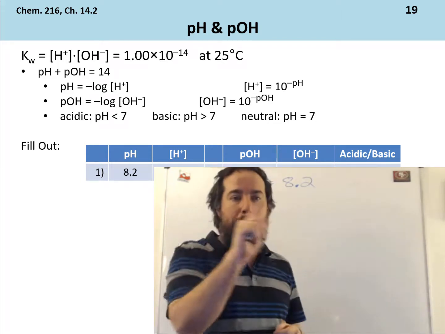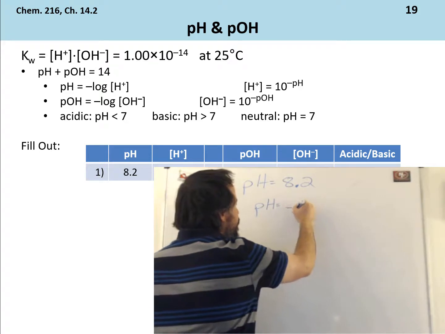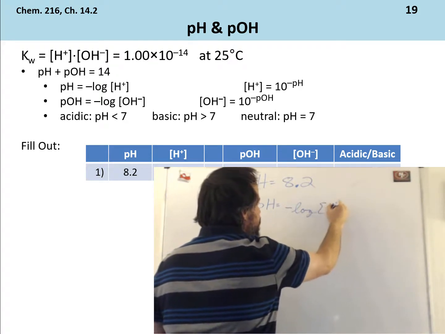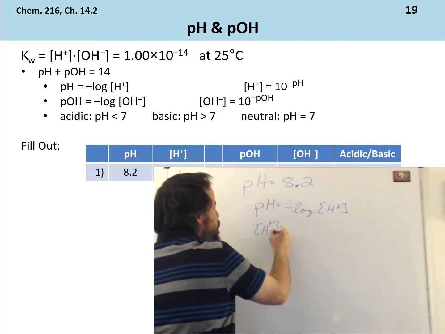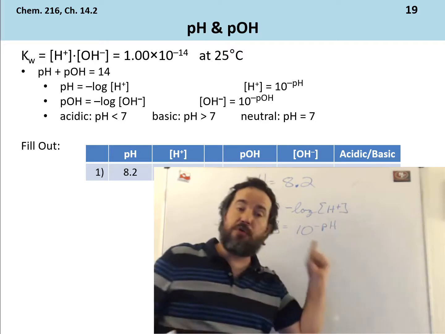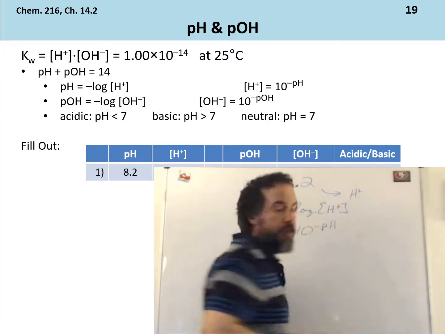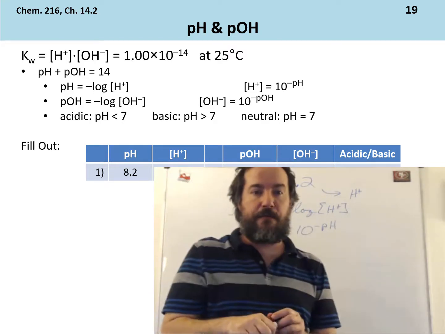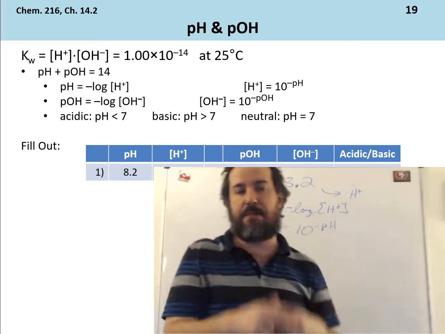Okay? We have pH equals negative log of H plus, and we have H plus equals 10 to the negative pH. We could use either one of those to figure out H plus. The values with pOH, those we can't use because they don't have pH in there.